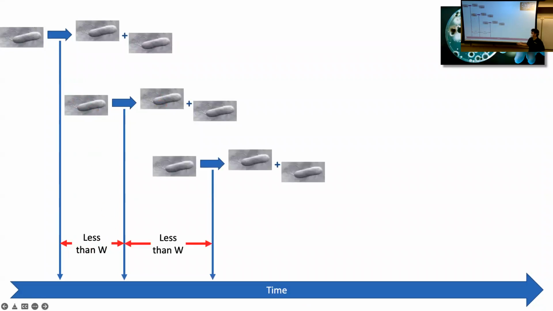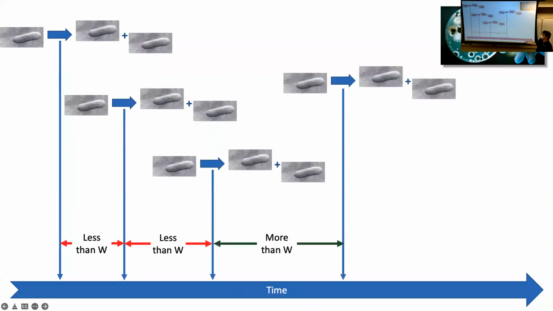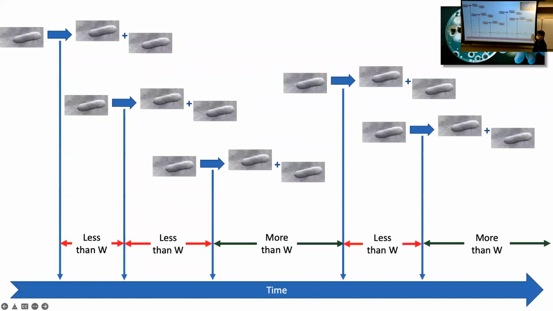Maybe after another duration you get another reproduction event, maybe another duration that's larger than average, you get another reproduction event, and so on. There's a lot of variability, where the distance between the reproduction events isn't always exactly W. Sometimes it's less than W, sometimes it's more than W.